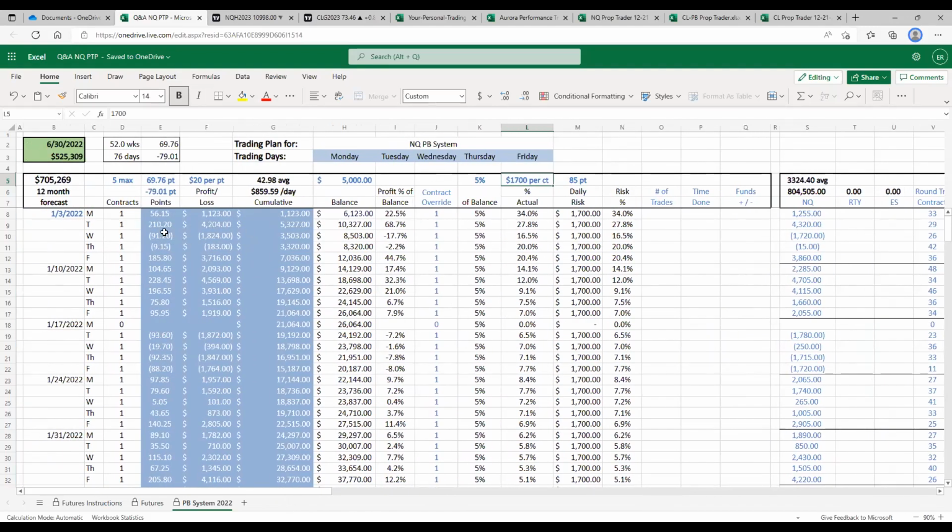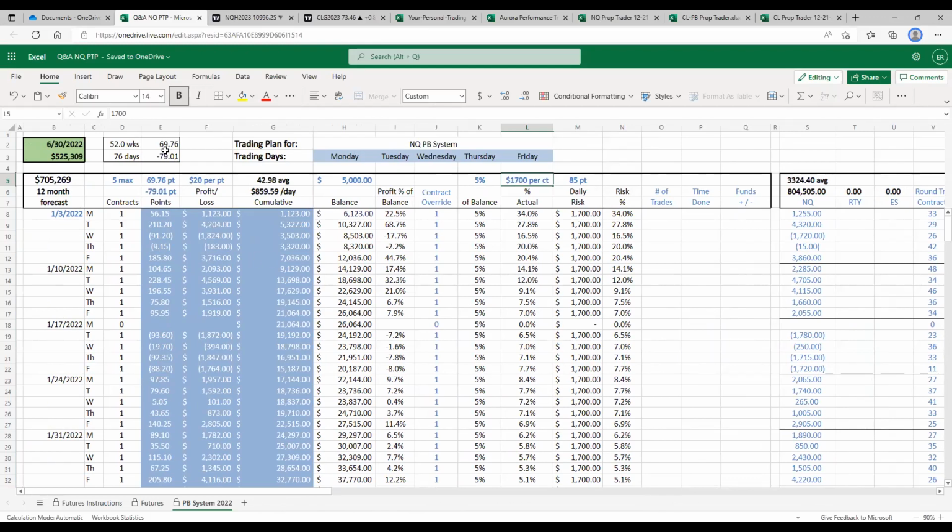So that's why you'll see numbers that are greater than the 85 points. It's because these are numbers inclusive of commissions and fees, which, based on how many trades we have for the day, push us past our stopping point. So all of this is with that $1,700 stopping point. That's what we're using to base our 5% of balance on.